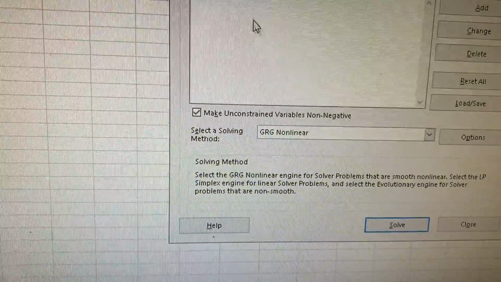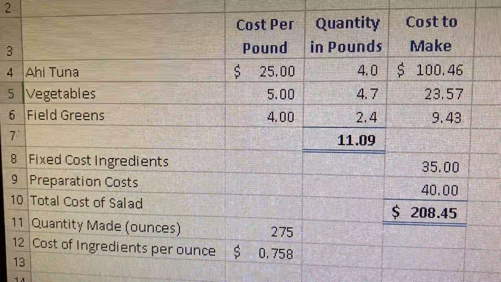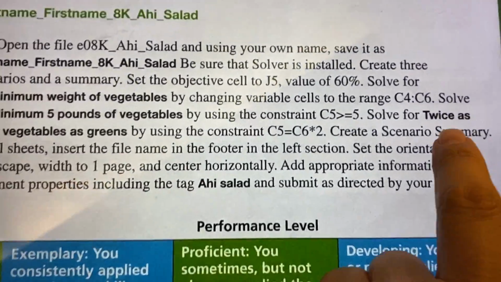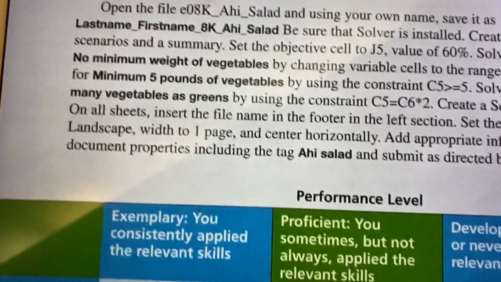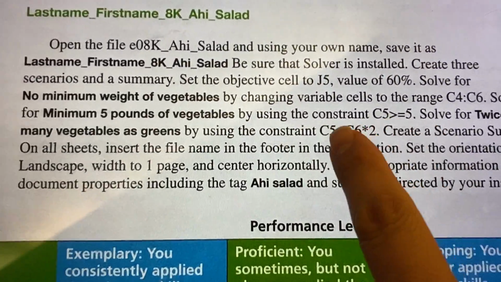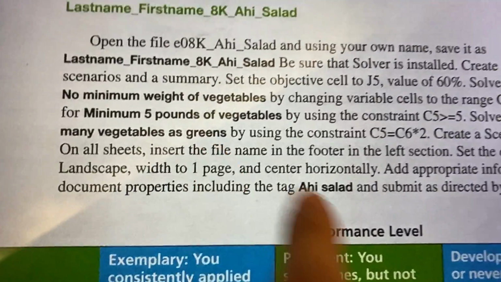Then you click OK, solve it one more time, and that's what it is. You save that scenario again. That scenario is called twice as many vegetables as greens.